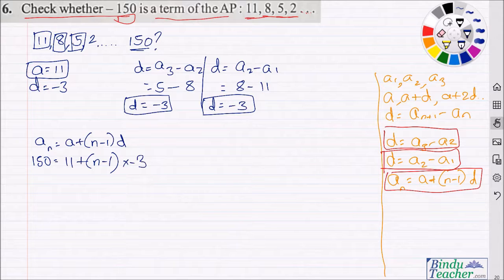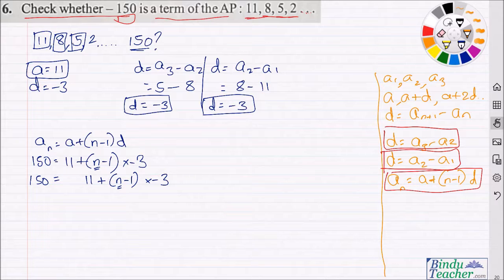Okay, so now we have to see if we get a valid value for n by solving this equation. So we'll write 150 equals 11 plus n minus 1 into minus 3. Here we want to get the answer for n. So let's remove all the other values.